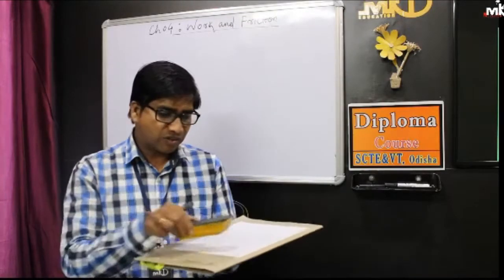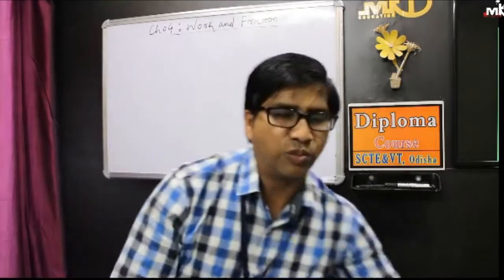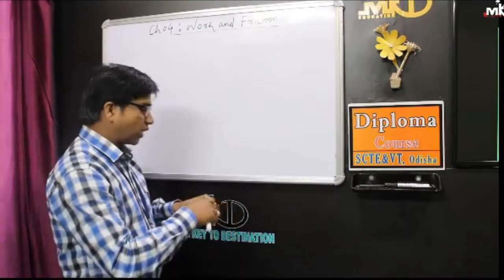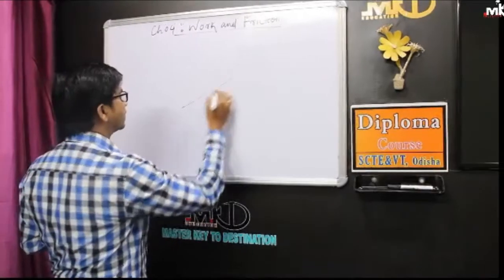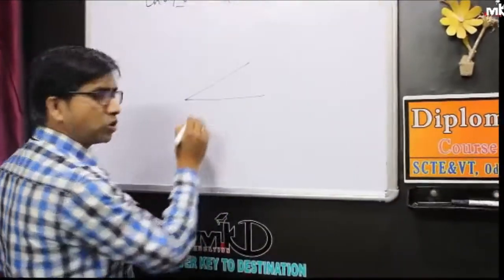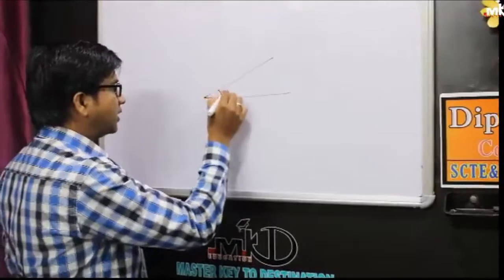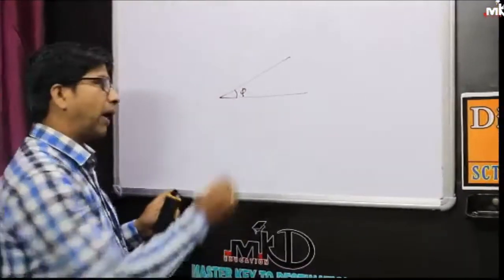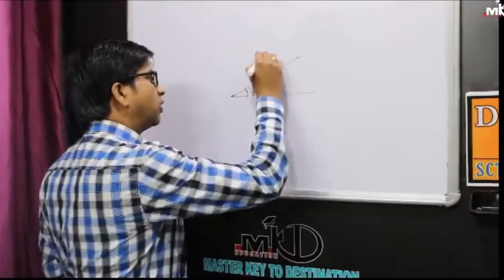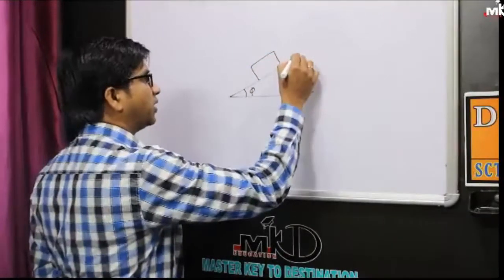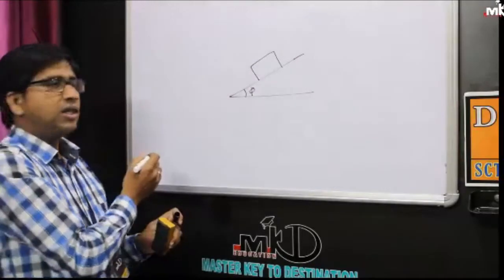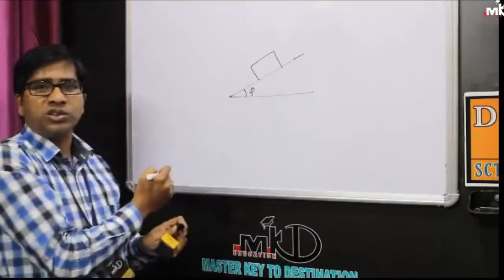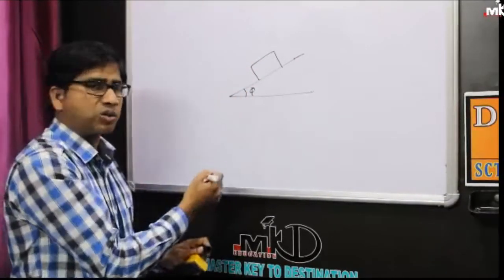Just imagine when the duster moves. The duster moves whenever the inclined plane makes a particular angle. Suppose this is the horizontal plane and this is the angle phi, so that whenever a body is placed over this plane, the body just tends to slide, that is, it starts slipping.